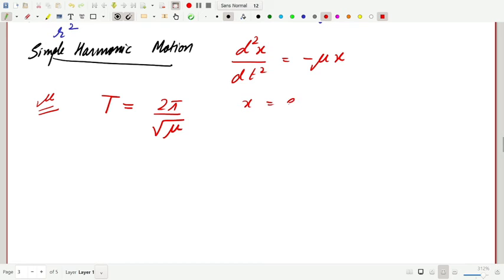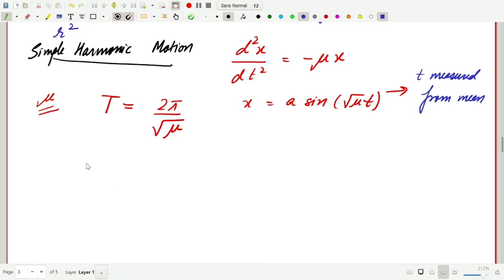X is equal to A sine mu t, when t is measured from mean position. Here it is mean position. It is moving like this. A dash, O, and these are extreme positions.